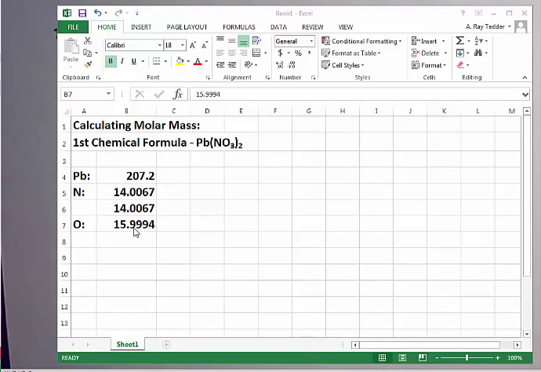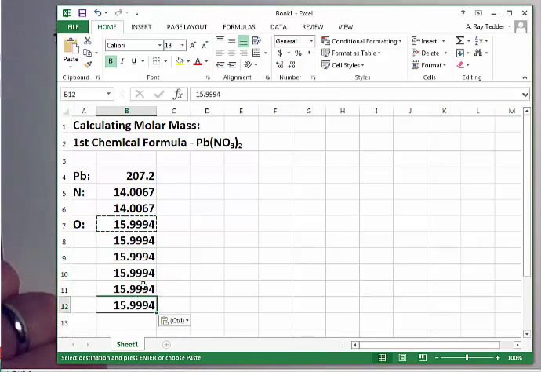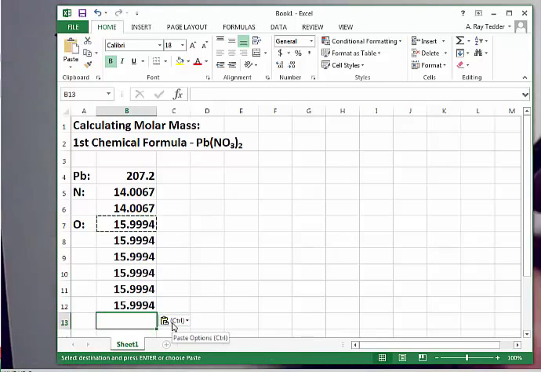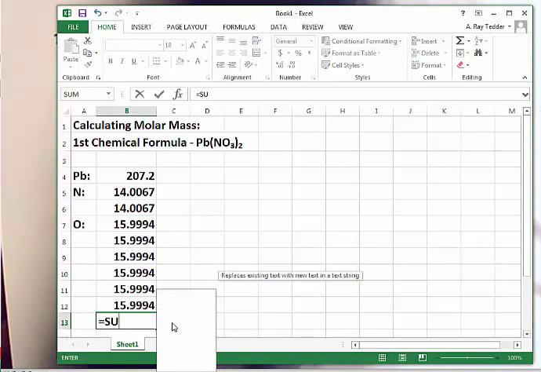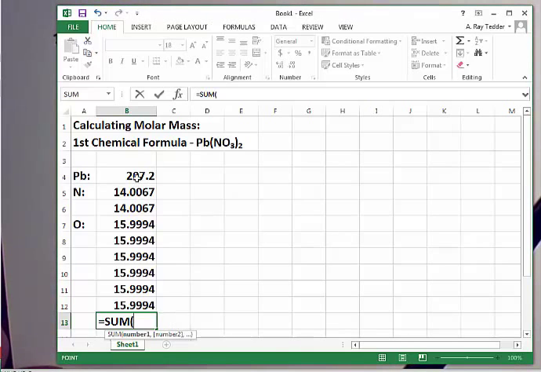Oxygen has an average atomic mass of 15.9994, but how many oxygens do we have in the formula? 6. So I copy, paste, 2, 3, 4, 5, and 6. And we need to add all those up. So what we need down here is the sum of everything that we had before that. So all this right here gets added up together.